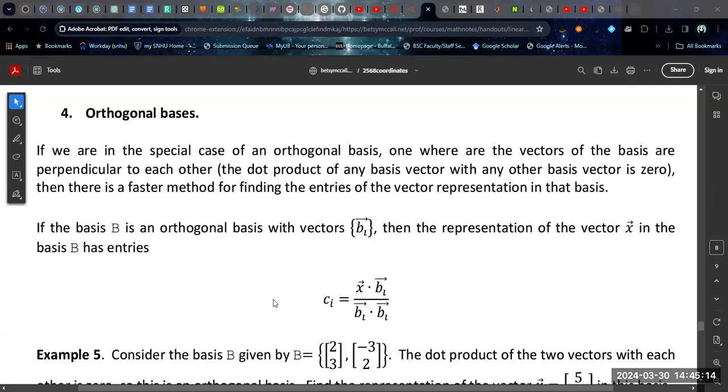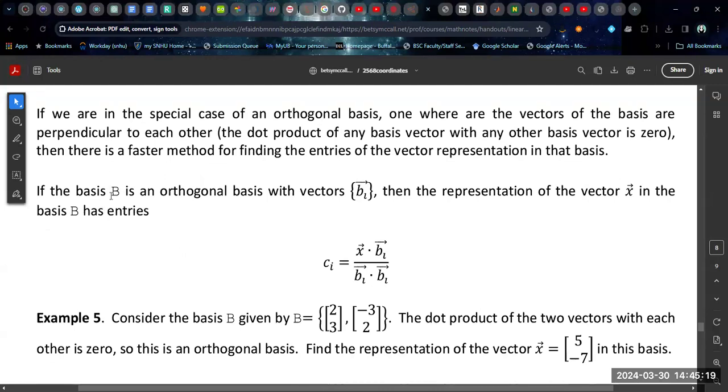But in the specific case of our vector spaces, let's walk through an example. We have the basis B, and we're going to assume that the basis vectors are orthogonal. Then the representation of the vector x in the B basis has coordinates given by x dotted with the basis vector, divided by the basis vector dotted with itself.